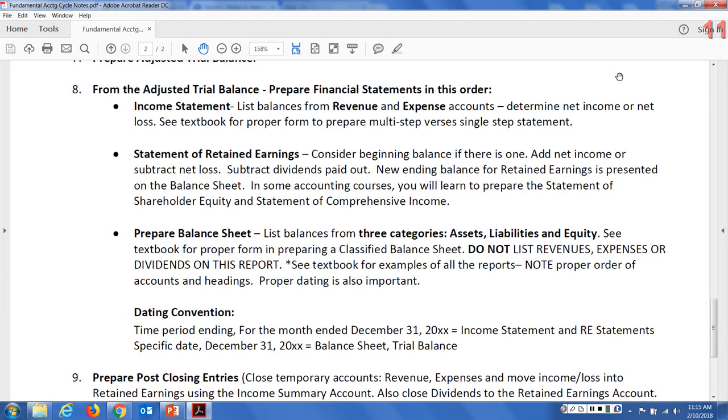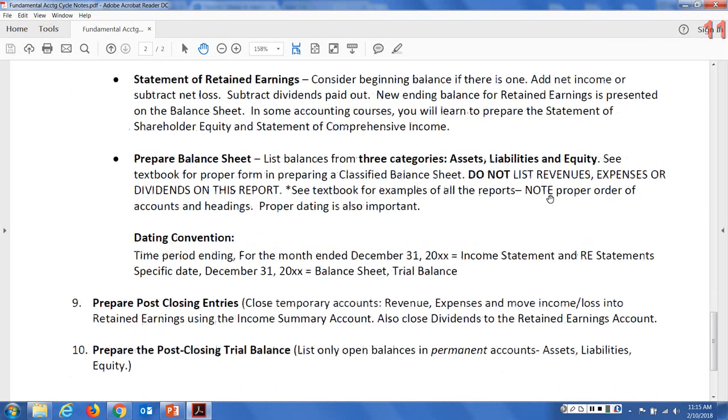So you can see why you have to prepare these in order, because the numbers connect and flow from one to the next one. Now, on your balance sheet, you're going to list the balances from 3 categories: the assets, the liabilities, the equities. You will never see your revenues, your expenses, or dividends shown on this report. Also notice that basically, as we move along, except for the very early classes, we truly prepare what is called a classified balance sheet.